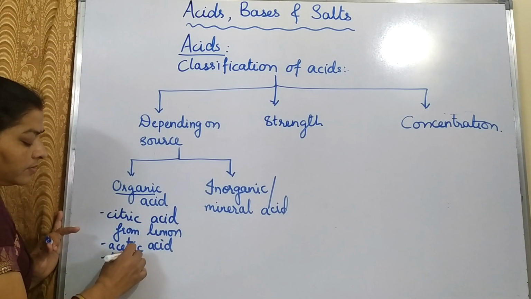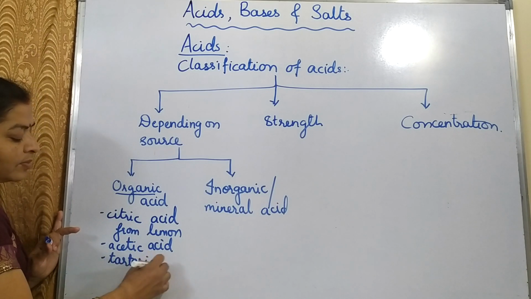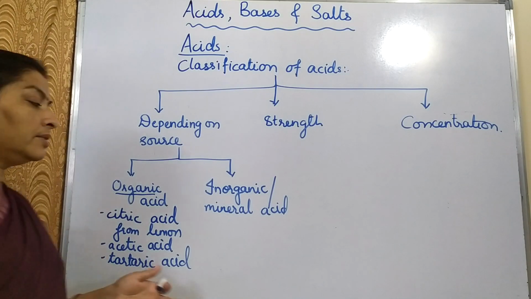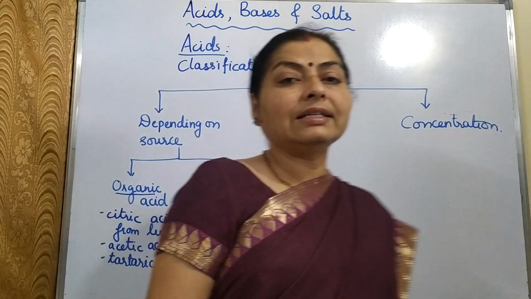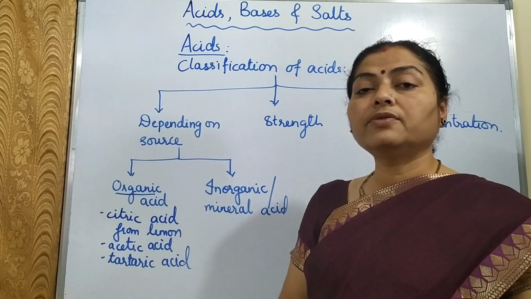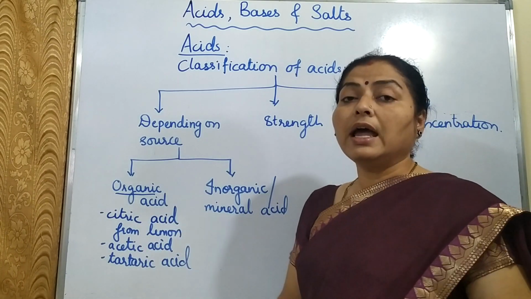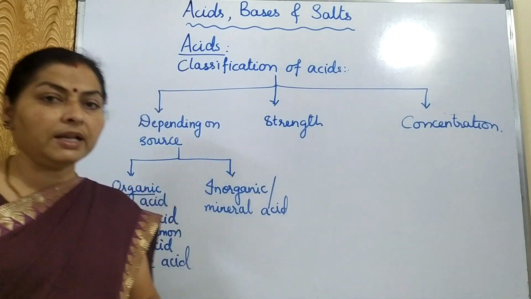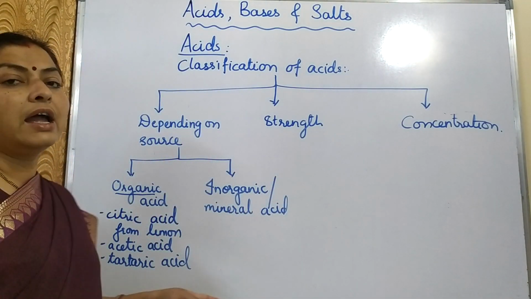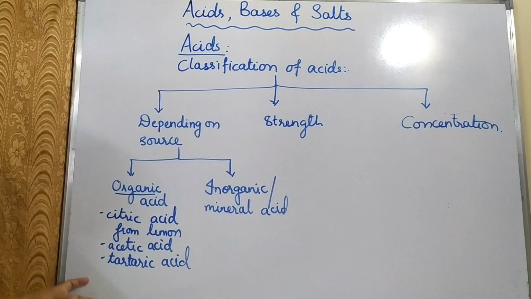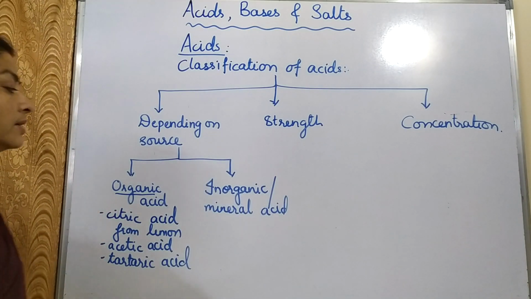Tartaric acid, oxalic acid is there from tomatoes, tartaric acid is there from tamarind, then malic acid is there in apples. So these are all the organic acids from plant sources. Animal sources, lactic acid is obtained from milk, so milk is obtained from animals, and formic acid is present in the sting of the ants. So these are all the examples of organic acid.